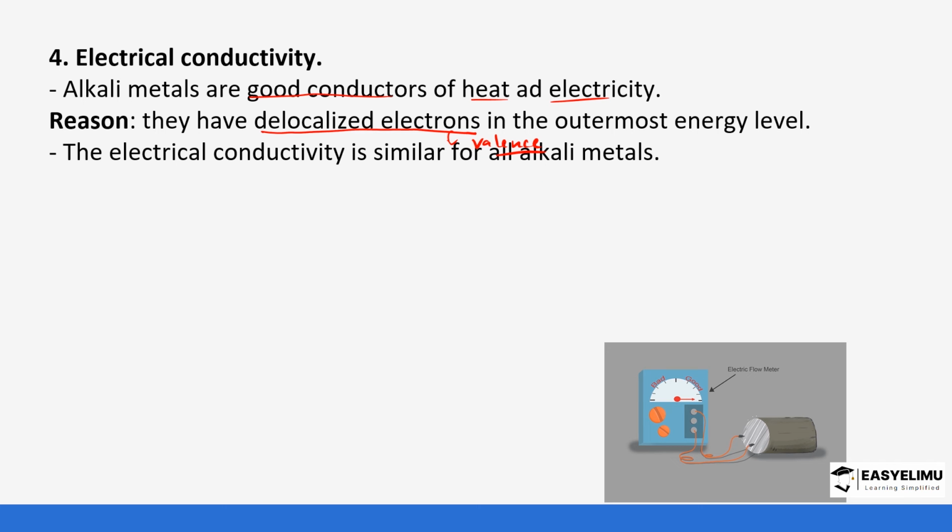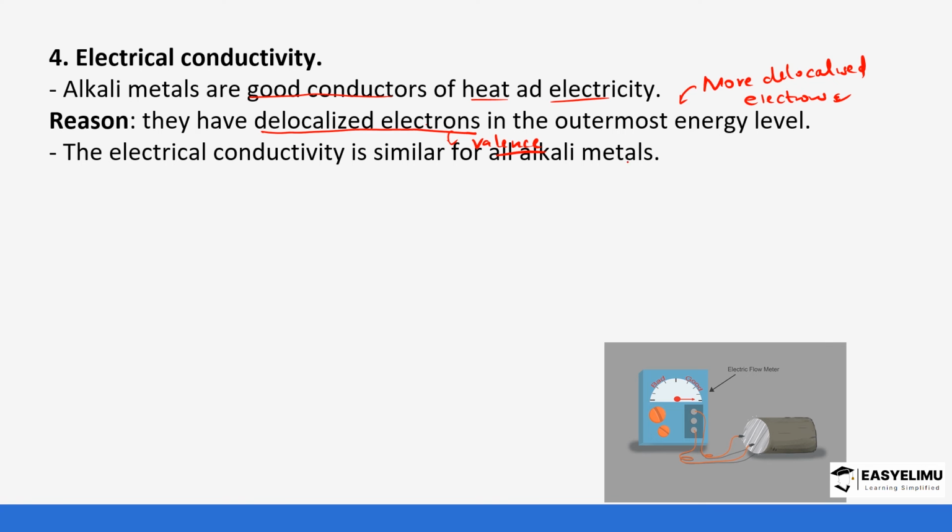So electrical conductivity is similar for all alkali metals. And I want to mention that electrical conductivity is a result of these delocalized electrons. The more delocalized electrons a compound has, an atom has, the more conductivity it is going to have. So you notice in alkali metals, you only have one delocalized electron for all of them.